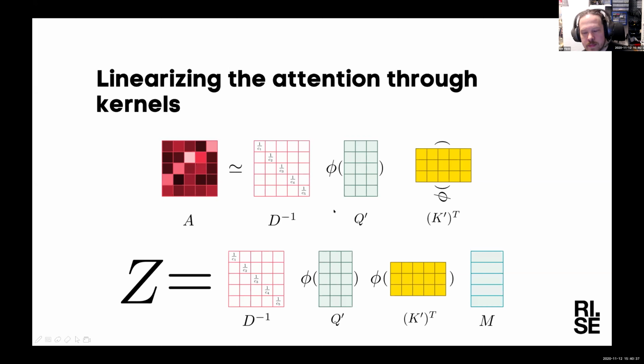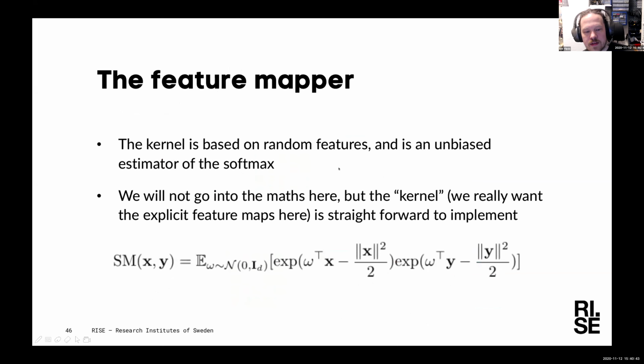What they do is spend a lot of time finding a kernel which is a good approximation for the softmax. And what they use is something called random features. From what I understand, and this is really outside of my field, it's closely connected to the idea of random Fourier features. There was a lot of work on this in the early 2000s.